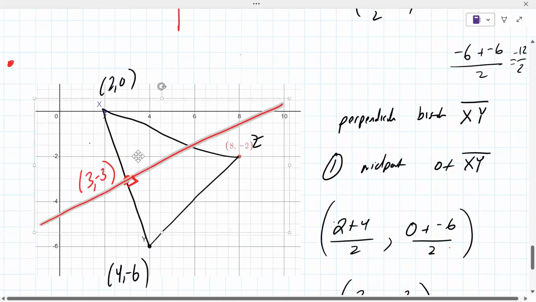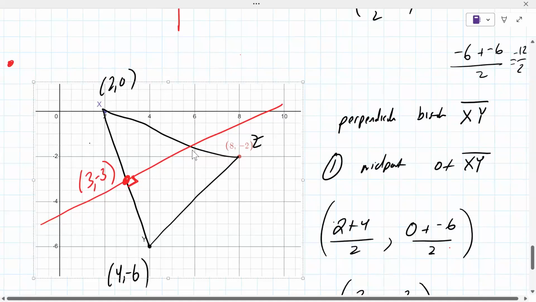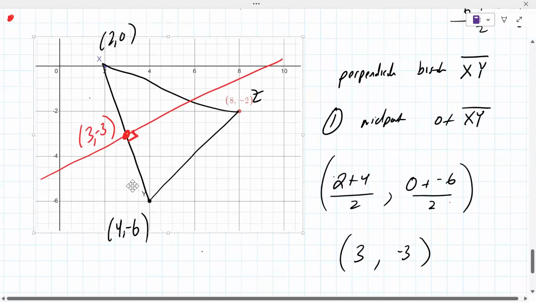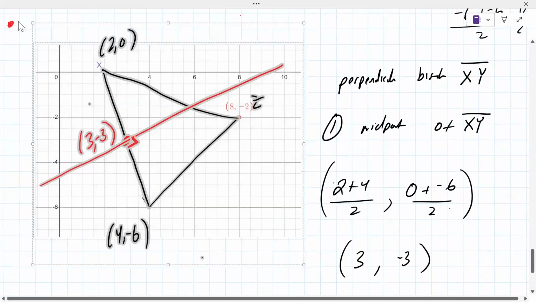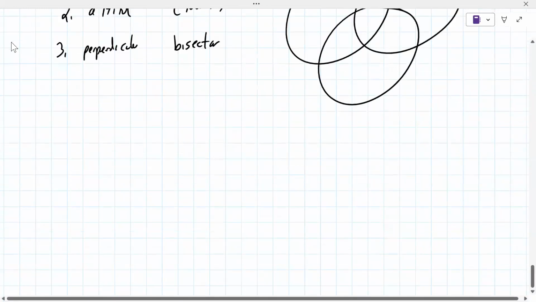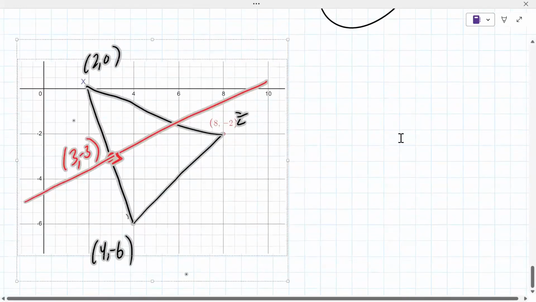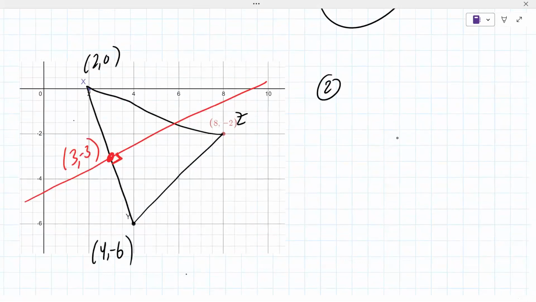Okay, so now the perpendicular bisector, like we're just drawing it visually, but we can actually find the equation of it. So you start with the midpoint, but then you also find the slope of this line, the slope of XY. Let me grab all this, go down. We already found the slope of XY at some point.